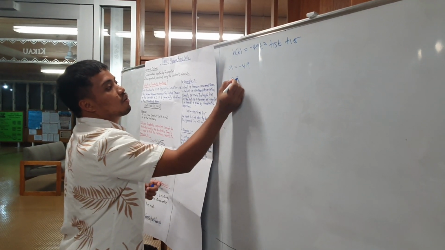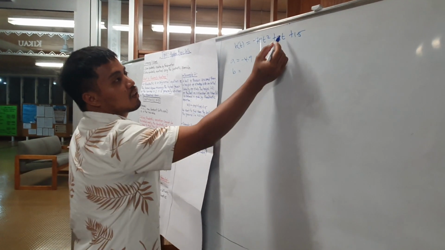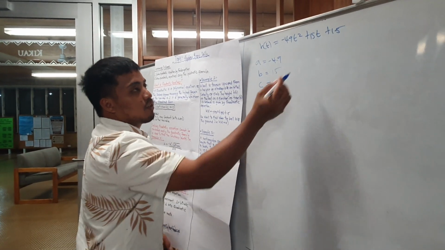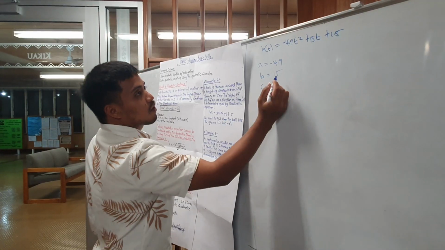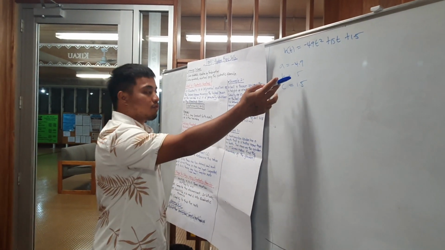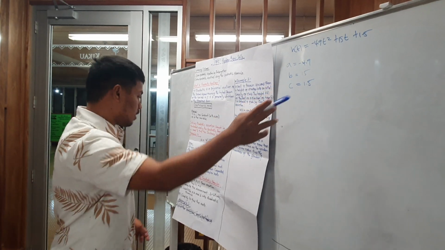The b value is the coefficient of x, so 15, and the c value is the constant, so 1.5. So this is the first step: you need to identify a, b, and c.